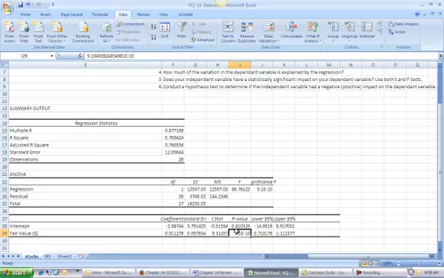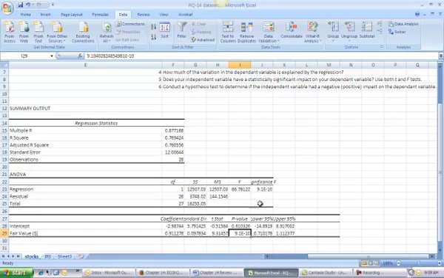I would look at my p-value there, and that is obviously less than 0.05. Therefore, I would reject H0 and say I am 95% confident that fair value does have a statistically significant impact on stock price. That is the t-test version, and that can be done for each independent variable. In this case, there's only one, just fair value.